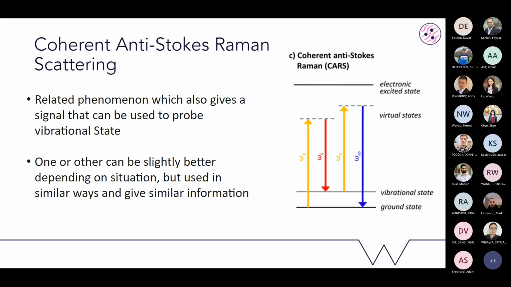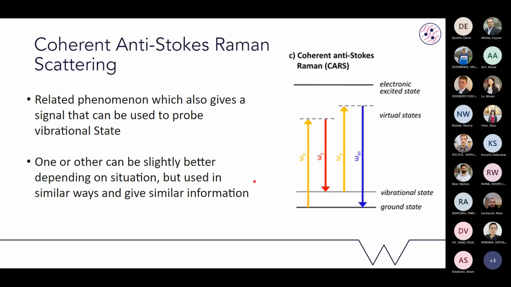I'm going to briefly also talk about a related phenomenon called anti-Stokes Raman scattering, which is essentially when the molecule that's already in its vibrational state interacts with a photon, and you end up with this transition, which provides a signal shifted by the same amount as the stimulated Raman scattering, but in the opposite direction.